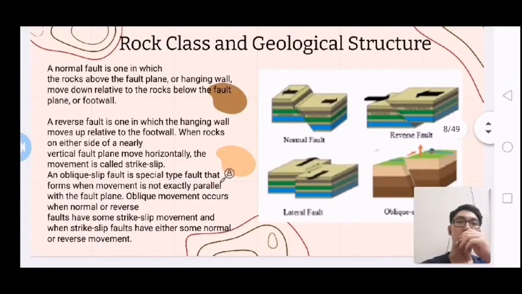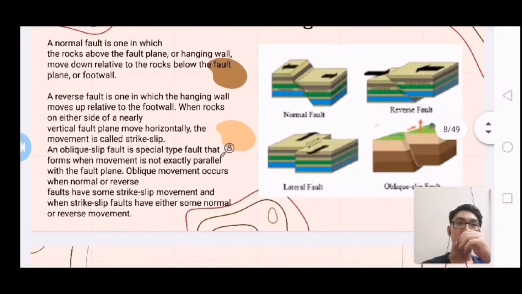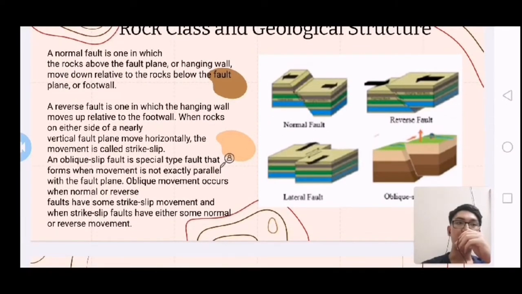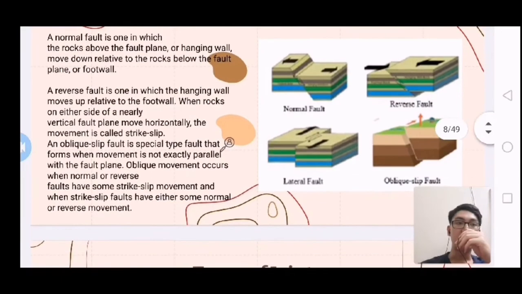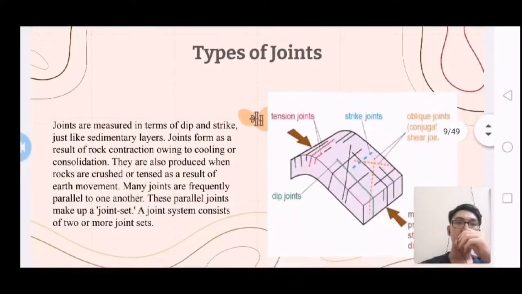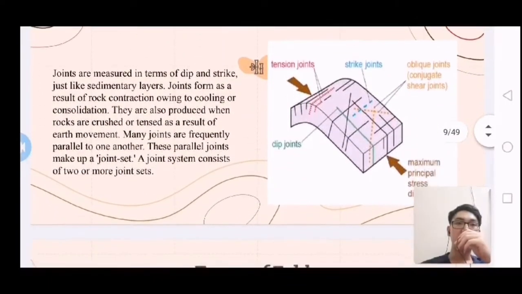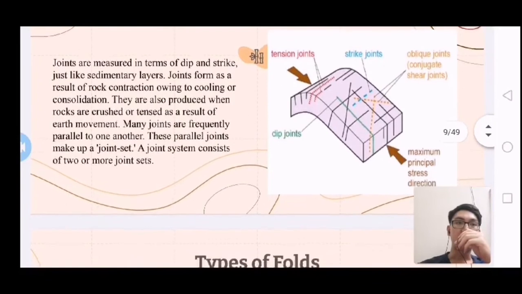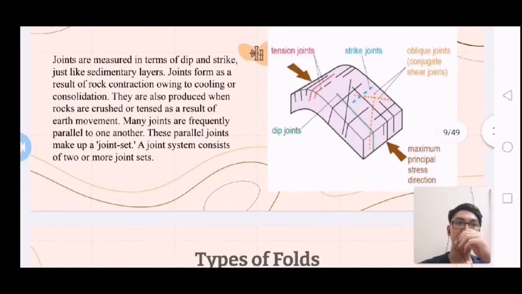So this is the rock class and geological structures. As you can see from this diagram, there are normal fault, reverse fault, lateral fault and oblique slip fault. And these are the types of joints that we will learn from this project also.